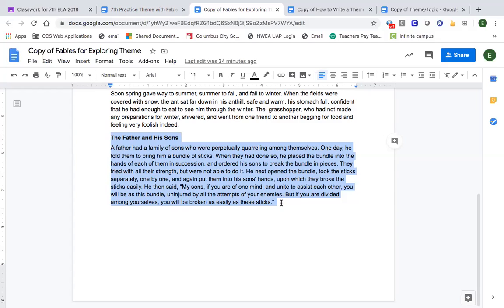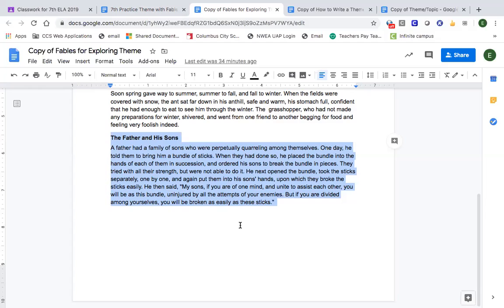He then said, "My sons, if you are of one mind and unite to assist each other, you will be as this bundle, uninjured by all the attempts of your enemies. But if you are divided among yourselves, you will be broken as easily as these sticks."